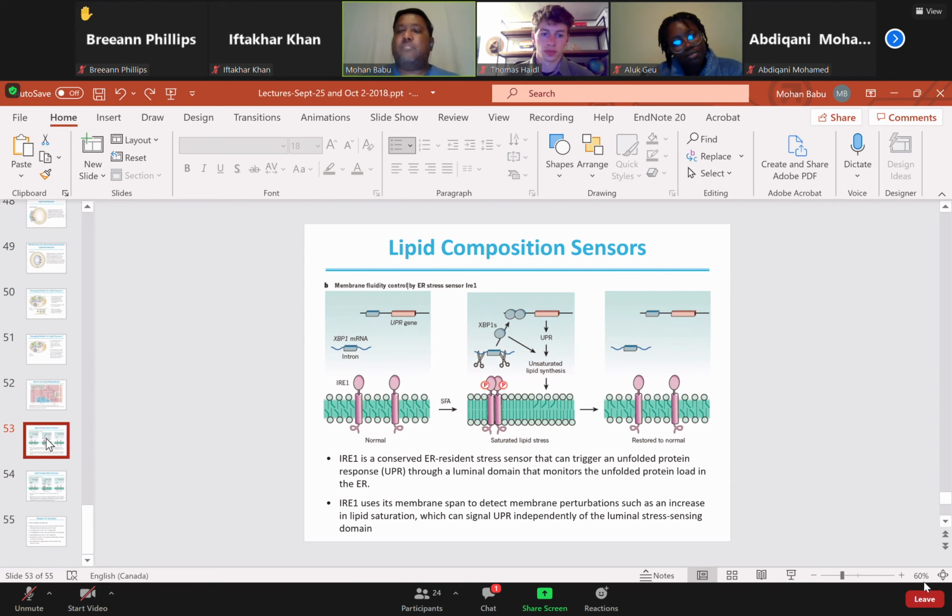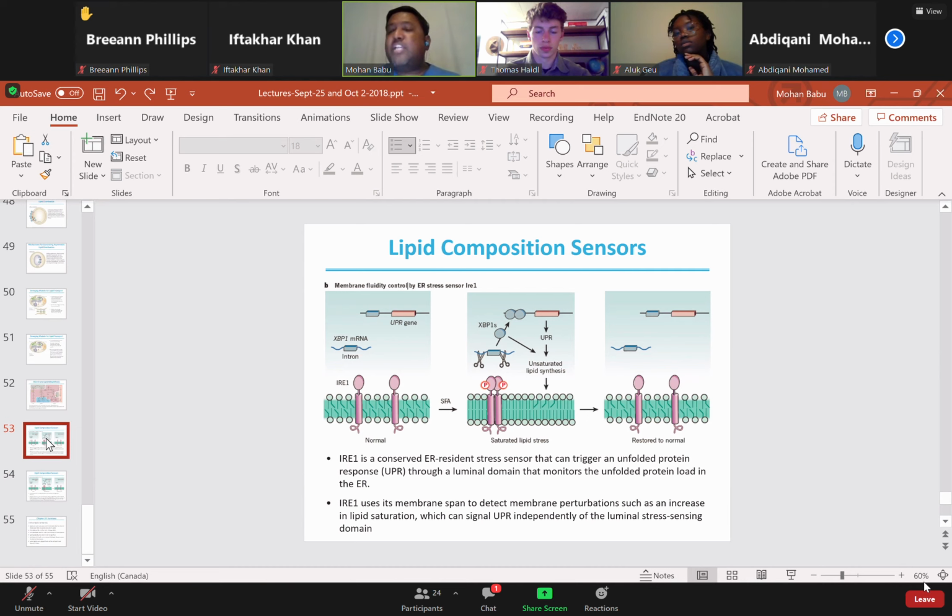What does homeostasis mean? A balance, am I right? A balance in the membrane structure. So you cannot have a membrane perturbation. If you have a membrane perturbation, the ER homeostasis is lost. If the ER homeostasis is lost, the cell gets messed up. So the point here is how the membrane fluidity is controlled. Why is membrane fluidity very important?